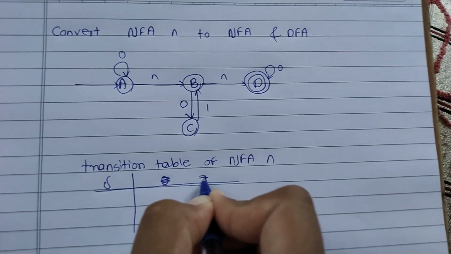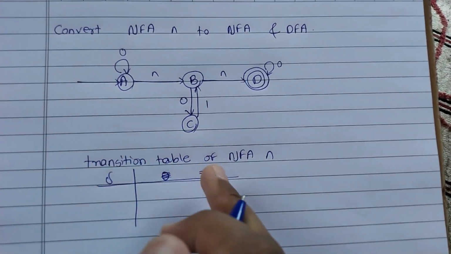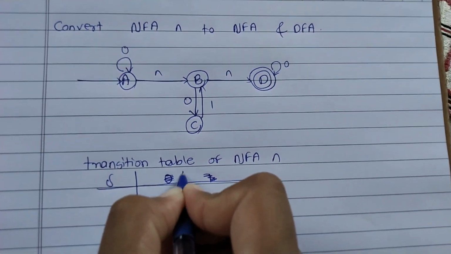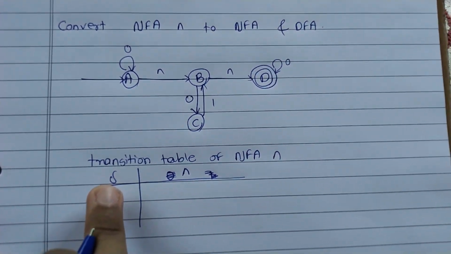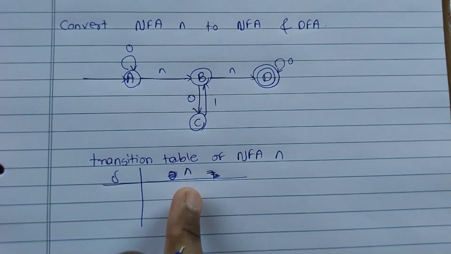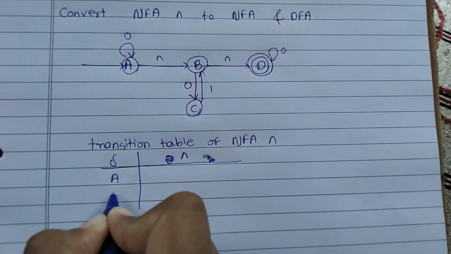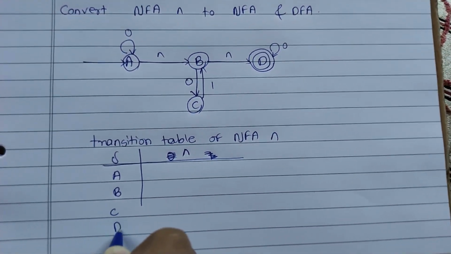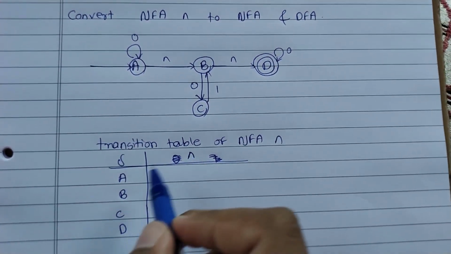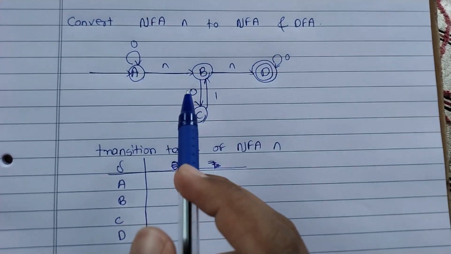Sorry, this is the transition table of NFA null. So here we put null. So state, and we check where the null is transferred. So first A, B, C, D are the states, and now we see where A transfers the null value.